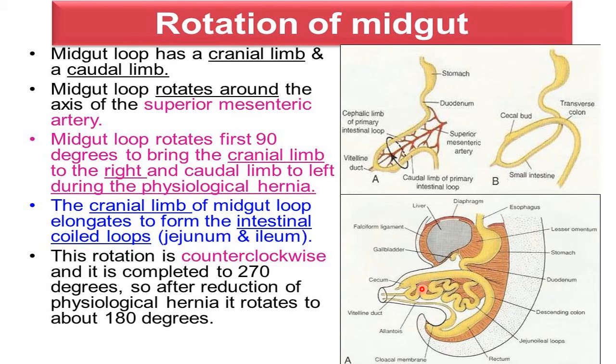So you have seen that the cranial limb of the midgut loop elongates, showing very rapid growth, and it gives rise to the jejunum and ileum. The jejunum is the one which returns first into the abdominal cavity, and the total rotation is counterclockwise, as you have seen.